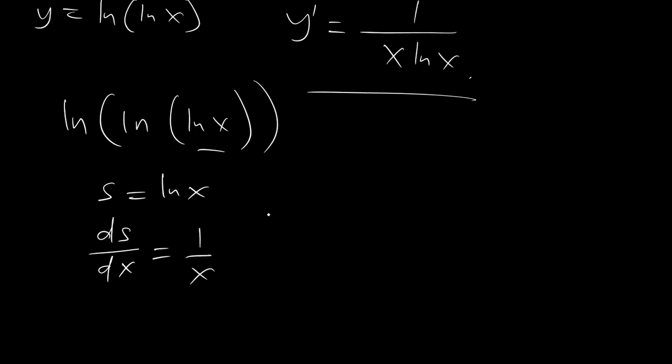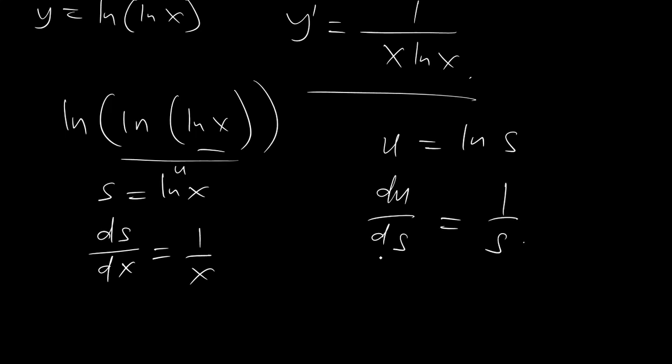Now we take what is inside to be our u, so u is equal to ln x. The derivative of u with respect to x is equal to 1 all over x. So this will be equal to 1 all over ln x.